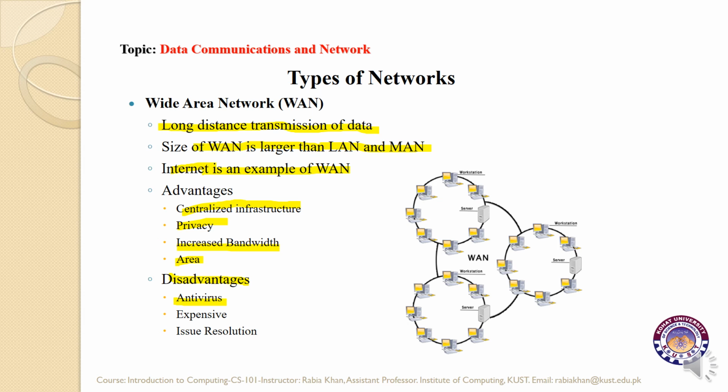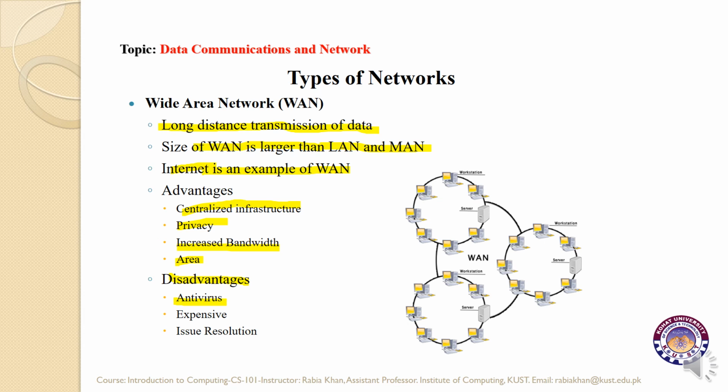So in order to protect your system, you would require an antivirus. Antiviruses are used for the protection of your data and your system from any type of data loss or any type of malicious activity. So a wide area network may harm your system with malicious content.